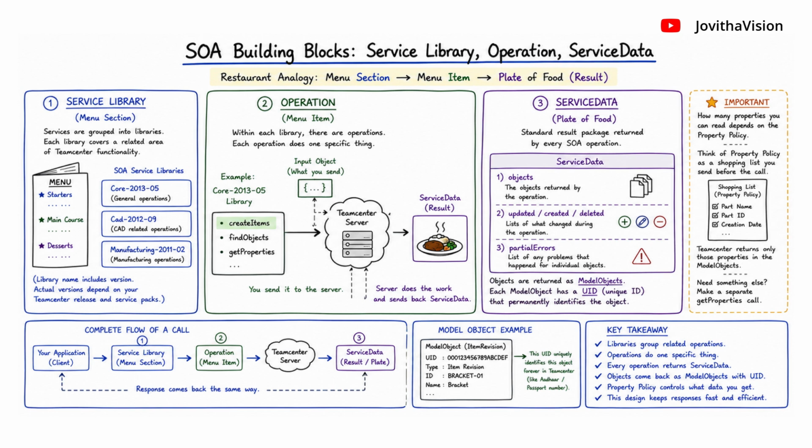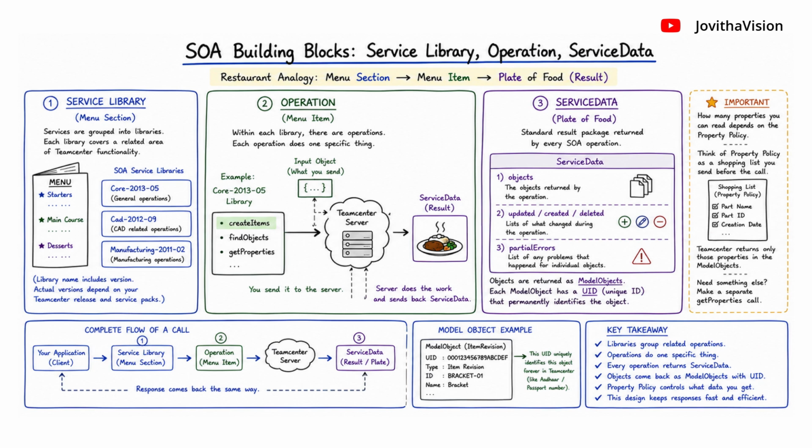Service data. Think of this as the plate of food that comes back to your table. Service data is the standard result package that every single SOA operation returns. It is a wrapper that contains everything the operation produced. It has three things inside it. First, the objects that were returned.